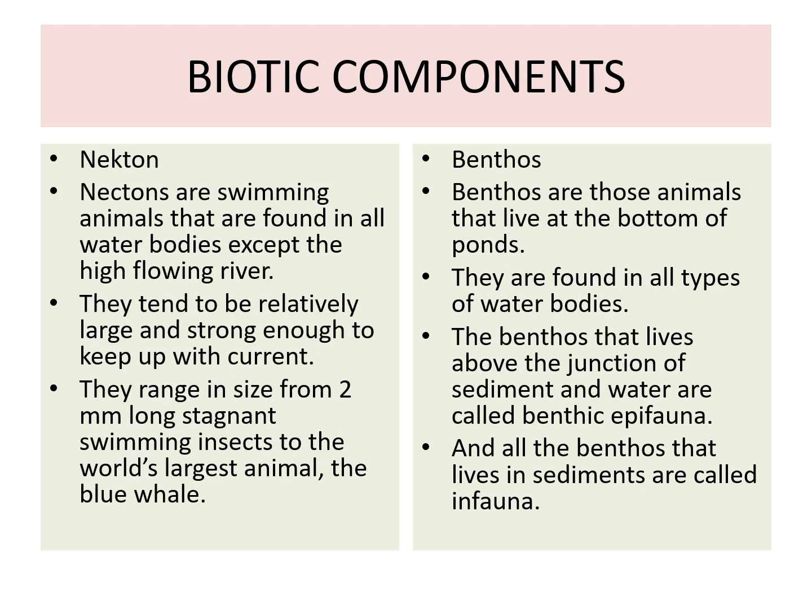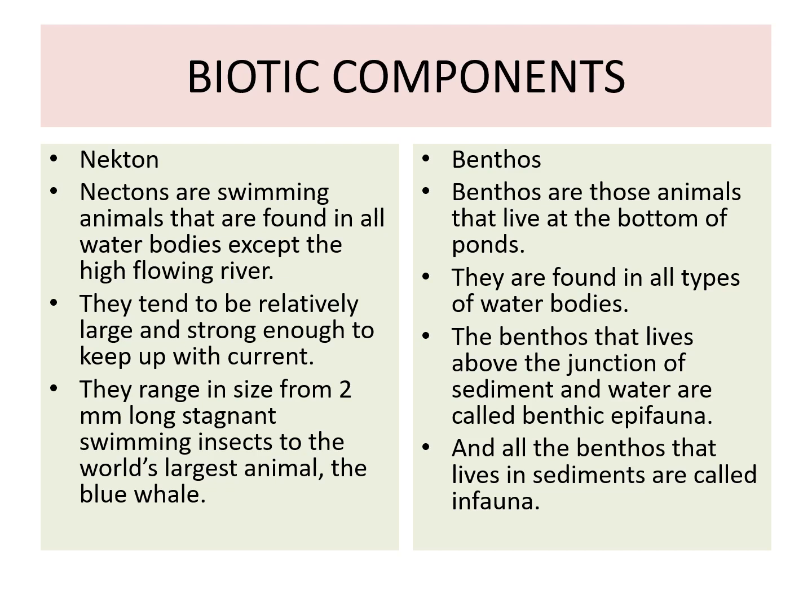They are found in water bodies except high floating waters. They tend to be relatively large and strong enough to keep up with the water current. Examples may be as small as swimming insects to as large as the blue whale.